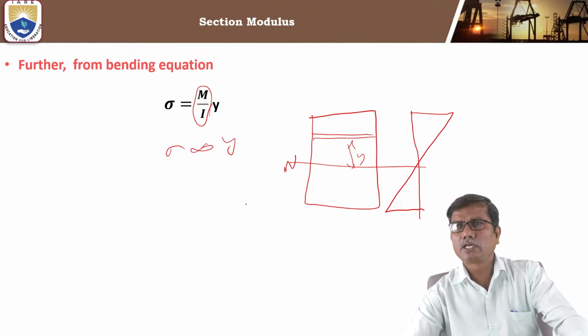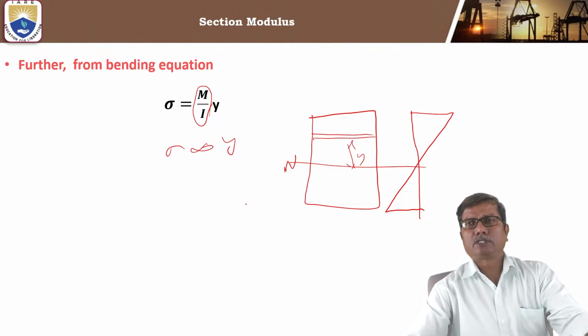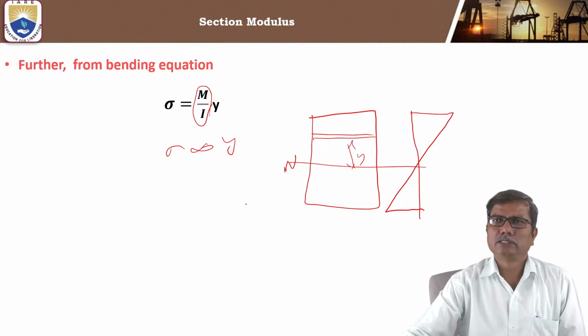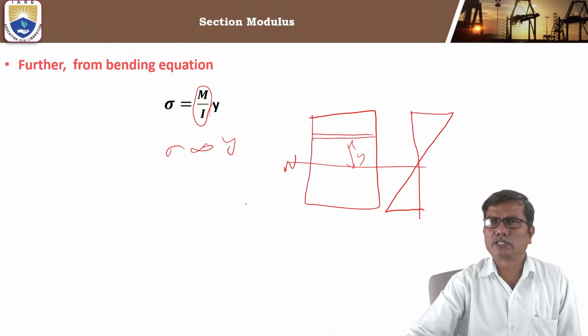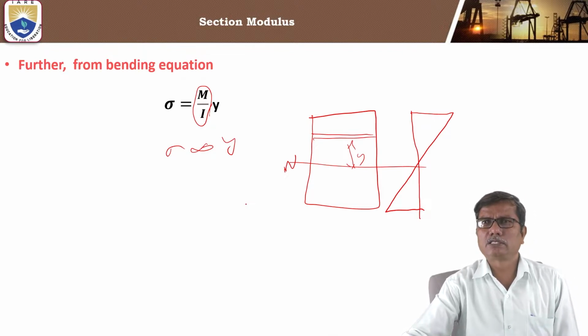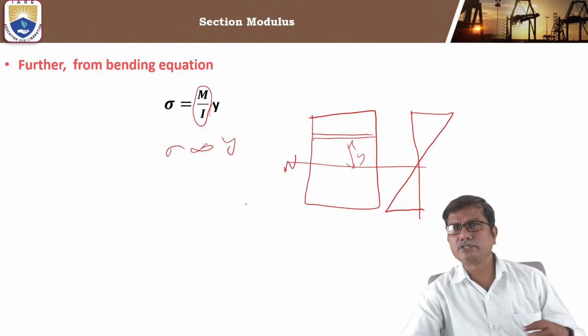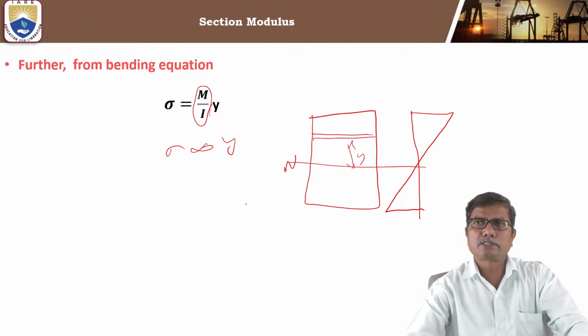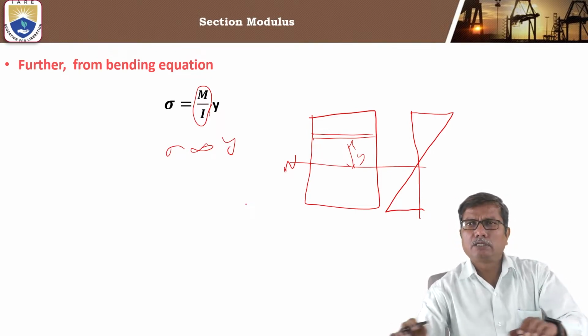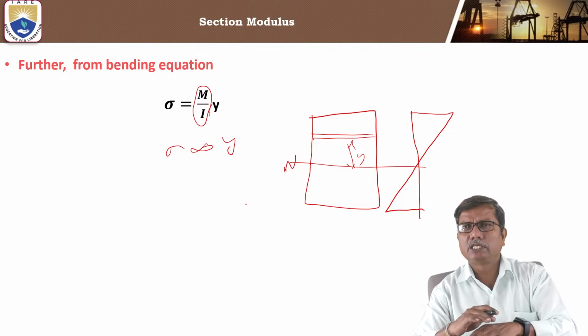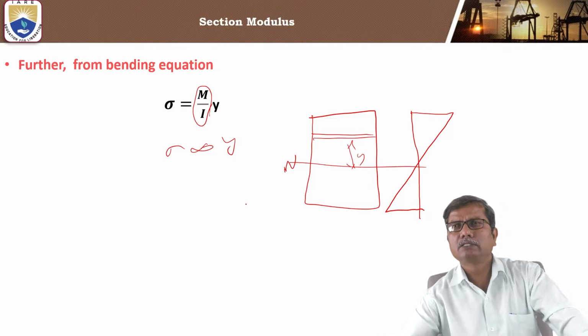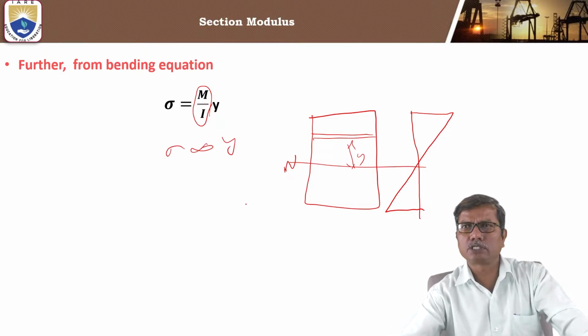At the neutral axis the stress will be zero, because on one side of the neutral layer the fibers are in compression, and on the other side the fibers are under tension. That means there is some layer which is neither subjected to compression nor to tension.